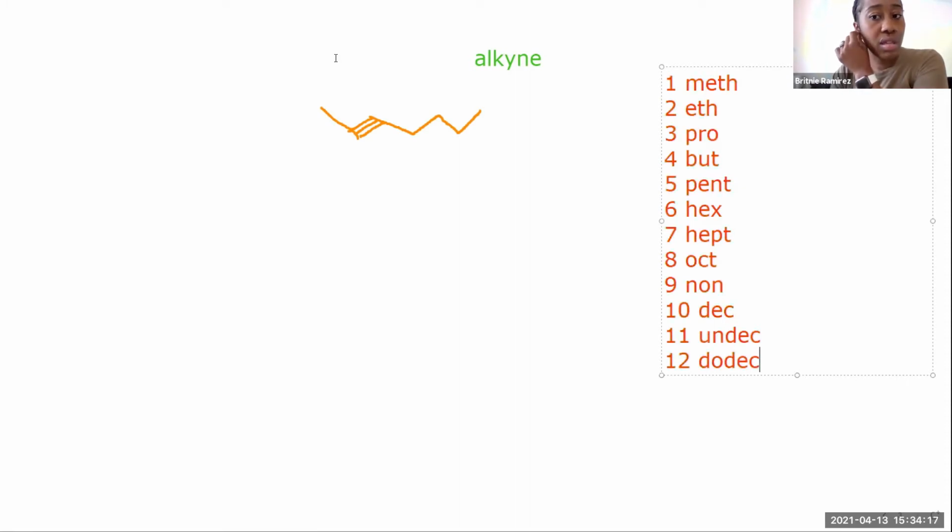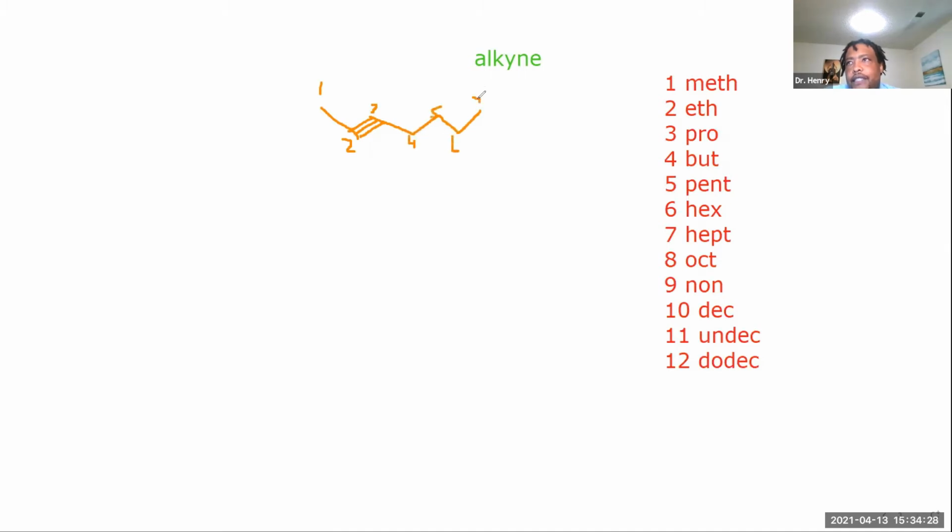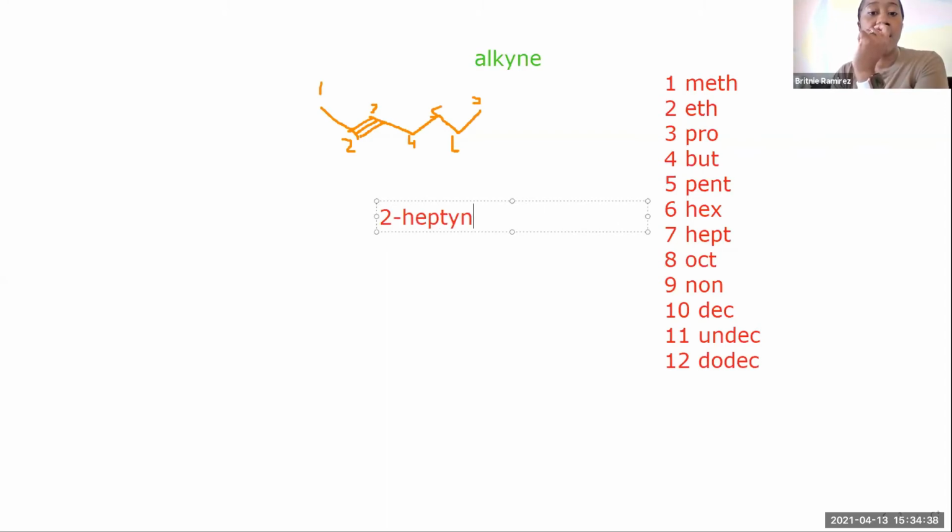Okay, so that's 1, 2, 3, 4, 5, 6, 7. So you said 2-heptyne.